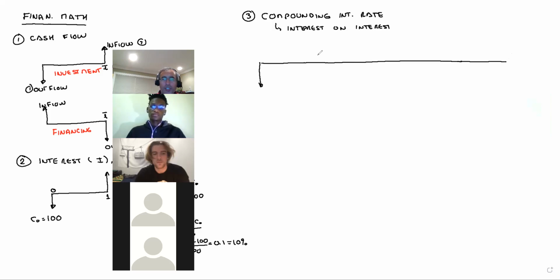And then assume that I have a C0, and then I have n periods, and then I will arrive to Cn. And assume that per period, the interest is I.